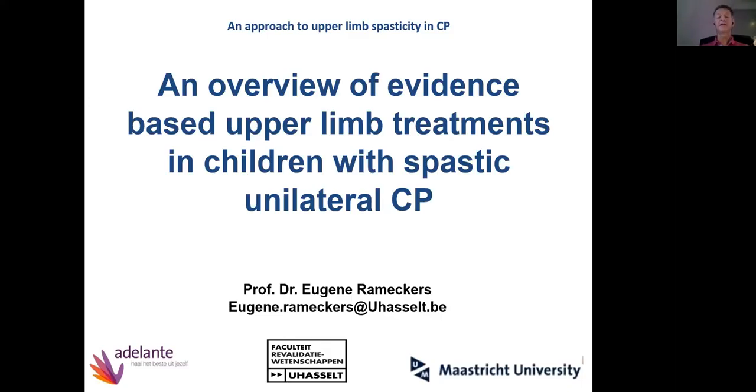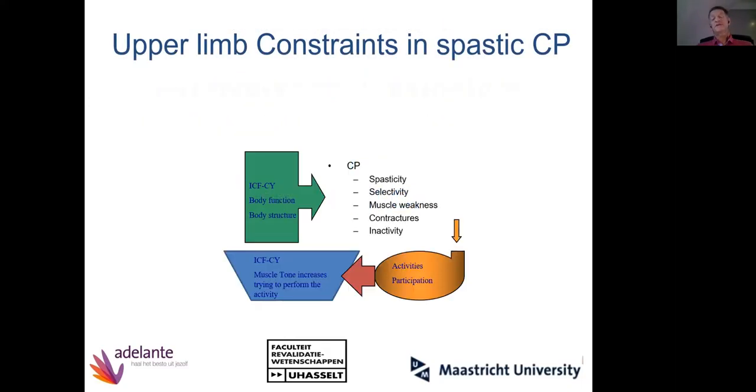Spastic unilateral CP. The first question is, why would it be important in spastic CP? If you look at children with cerebral palsy, many elements are labeled as very important in this group.